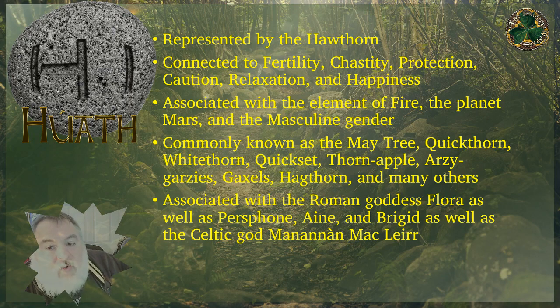Commonly known as the May tree, the quickthorn, the whitethorn, the quickset, thornapple, arzies, axles, hagthorn, and many others, kind of comical looking names. Generally associated with the Roman goddess Flora, as well as Persephone, Aine, and Brigid, as well as the Celtic god Manannan mac Lir.